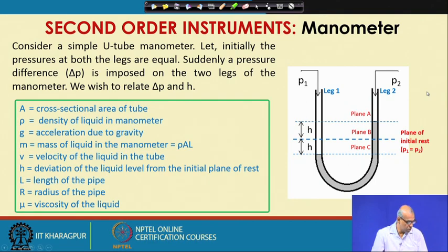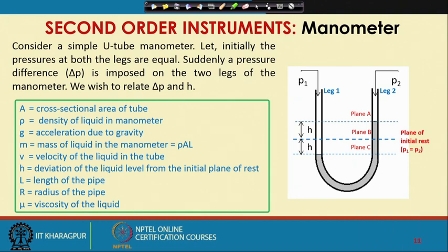Let us introduce these terminologies. A equals the cross sectional area of the tube, rho is the density of liquid in the manometer, g is acceleration due to gravity, m equals the mass of liquid in the manometer, which can be taken as rho A L, because A times L is the volume, and you multiply volume with density, so you get the mass of liquid in the manometer.